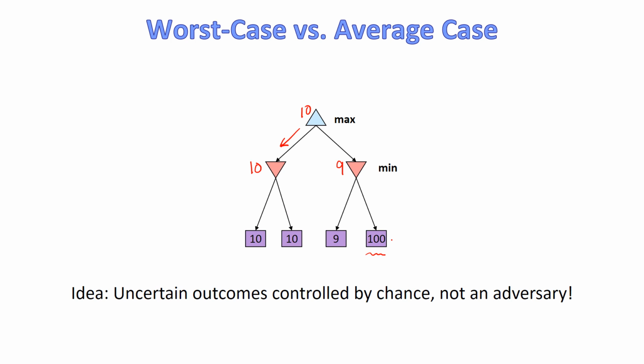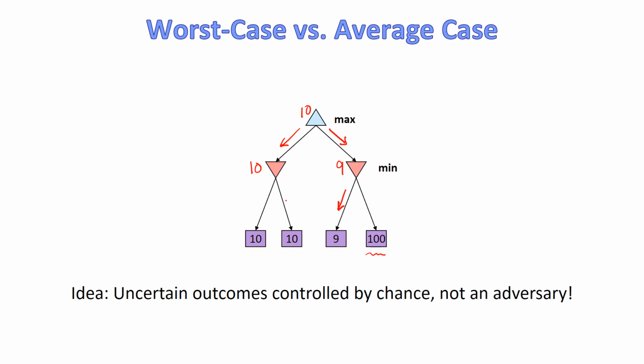When we say we will never get this 100, we are making a big assumption here. What is that assumption? We are assuming that the opponent is optimal. The opponent is rational. The opponent is making the optimal decision against us. So if we go right, the opponent for sure, which means certainly, will go left, and thus we will get 9 instead of 10 if we move that way.